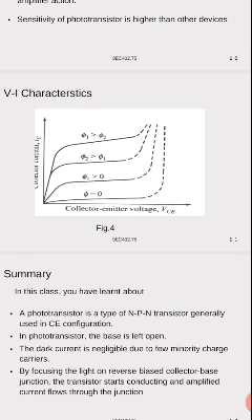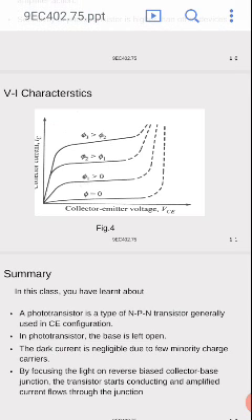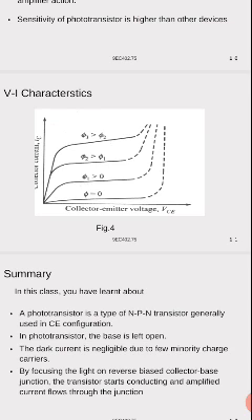Here in phototransistor, a cut mark is provided for lens. That is the difference in the construction of both the devices. And phototransistor is a more sensitive device.